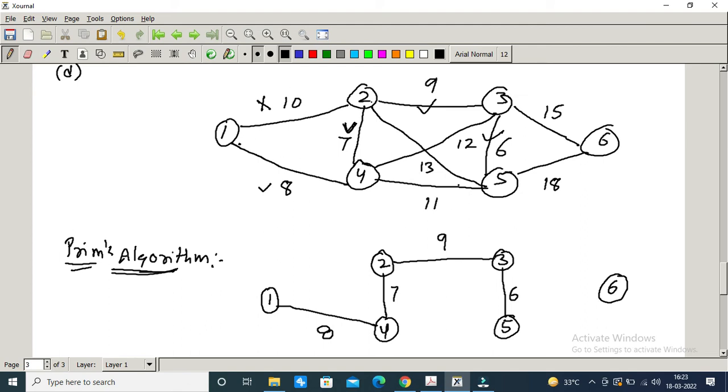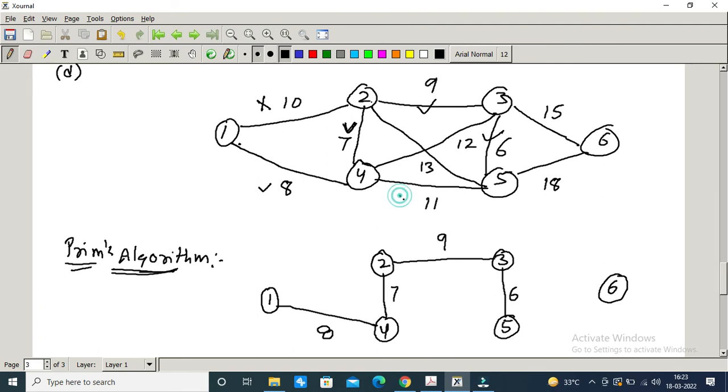Now we find the next edge which is the minimum. Here we have 11, 12, 13, 15, 18. So 11 is the next weight that we can pick, between 4 and 5. If I pick this 4 to 5 with weight 11, again that will form a cycle.